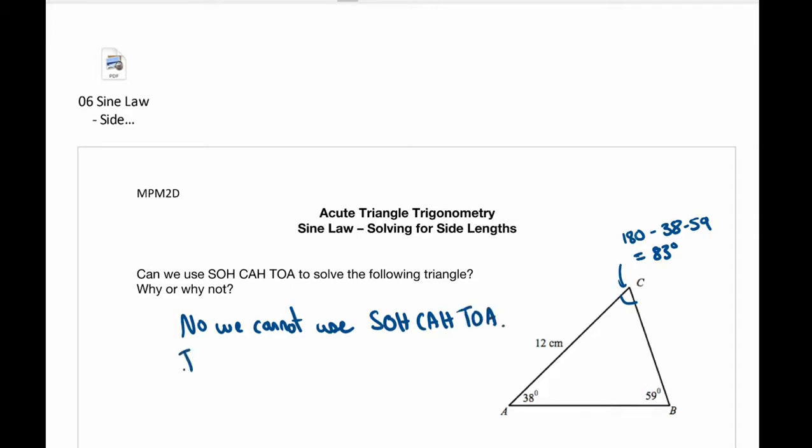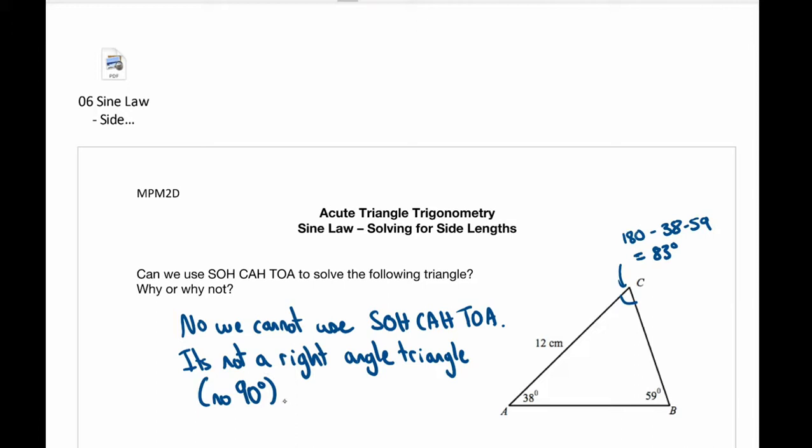And the reason is it's not a right angle triangle. In other words, there's no 90-degree angle.